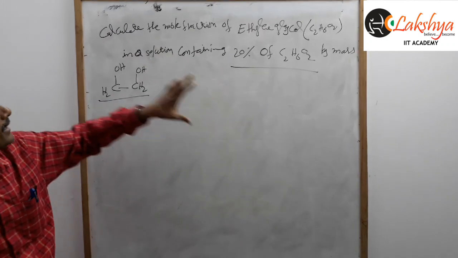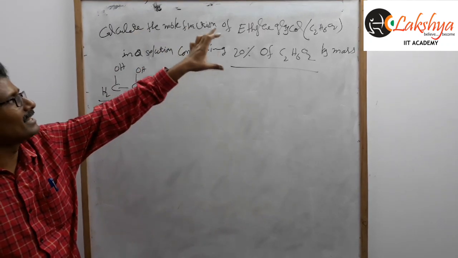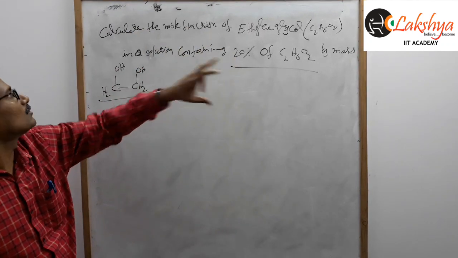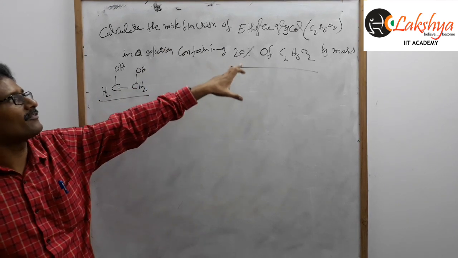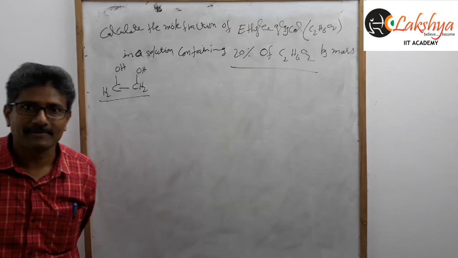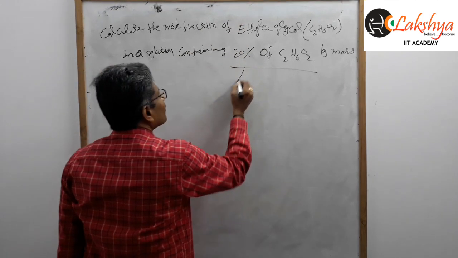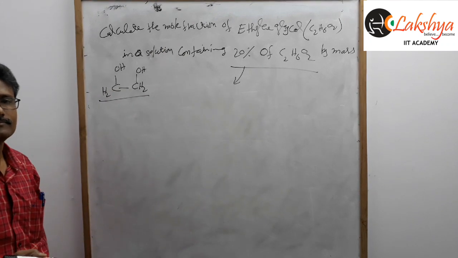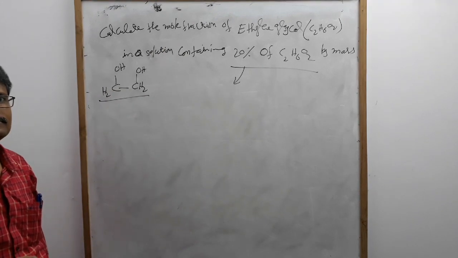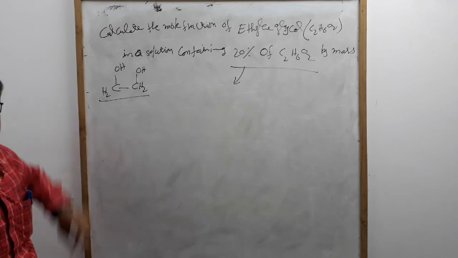Coming to the problem: calculate the mole fraction of ethylene glycol, C2H6O2, in a solution containing 20% of C2H6O2 by mass. What is the meaning of this? First note down the problem and I am coming to the solution.